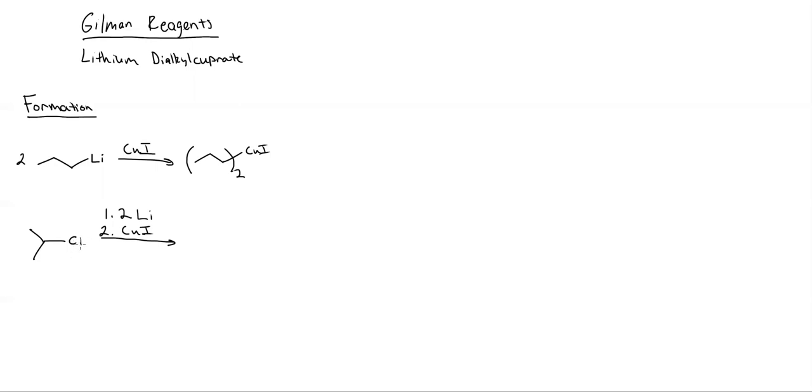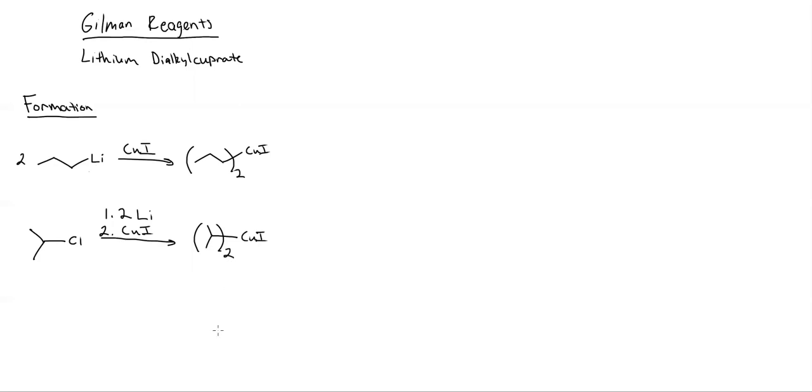It's going to turn this into a lithium compound. So organolithium is then able to react with CuI to give me my lithium dialkyl cuprate. So all I need to do is take my group and bond it to CuI, and then there's just going to be two of those.